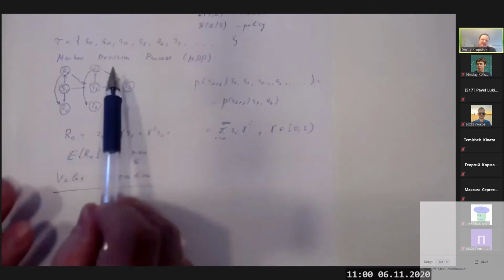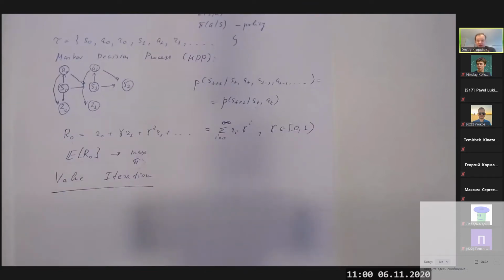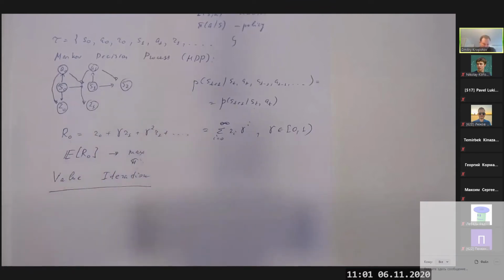Since we have something like a Markov chain here, and we are looking for something like an optimal configuration of actions in this Markov chain. For those who are familiar with, for example, hidden Markov models, you know that the optimal configuration of actions at each time moment is usually determined by a type of dynamic programming algorithm.